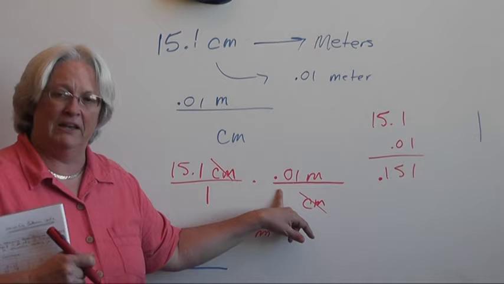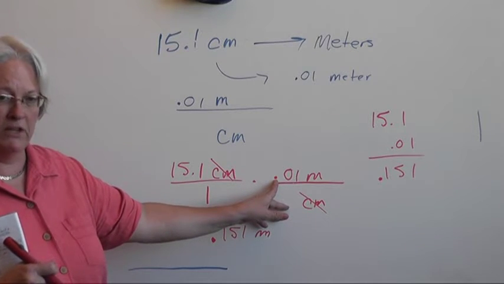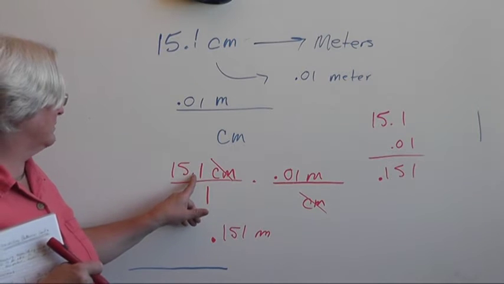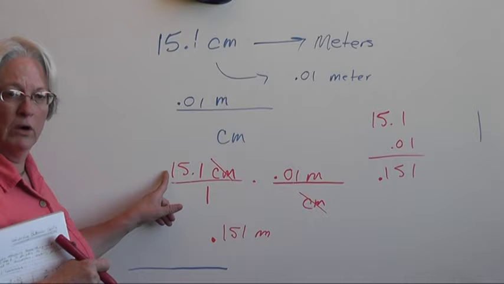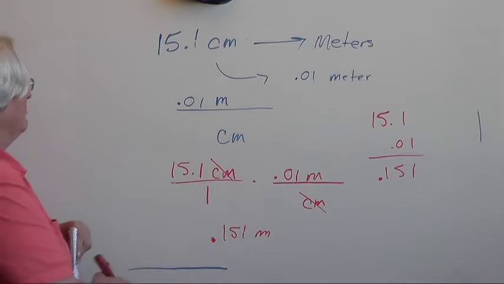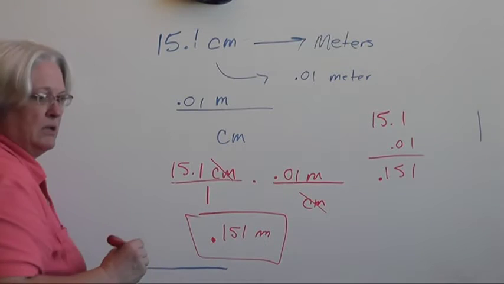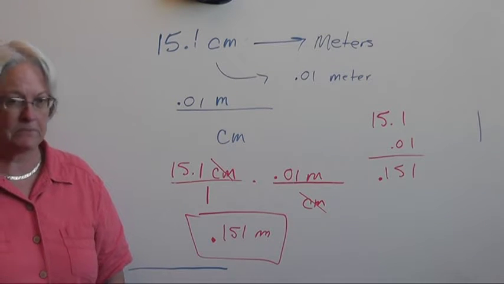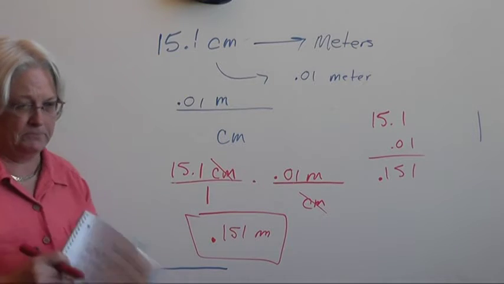And when you multiply by a negative power of 10, all this says is that we're going to move the decimal place 2 units to the left, which gives us 0.151. But for now, 15.1 centimeters is the same as 0.151 meters. And that's all unit conversions is going to be.